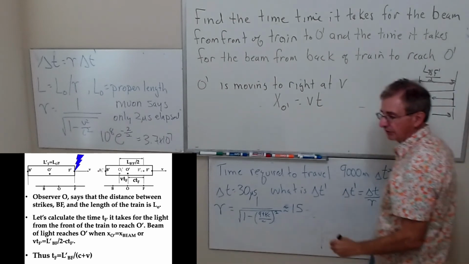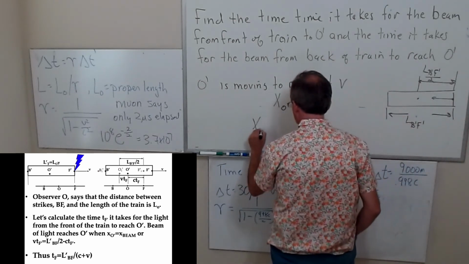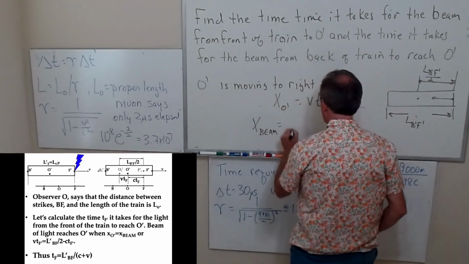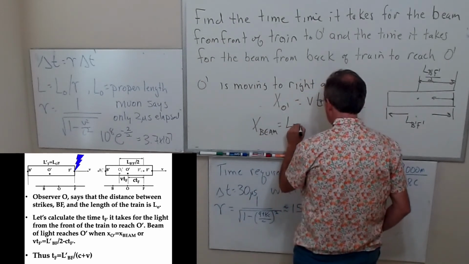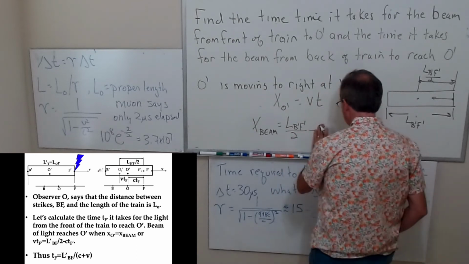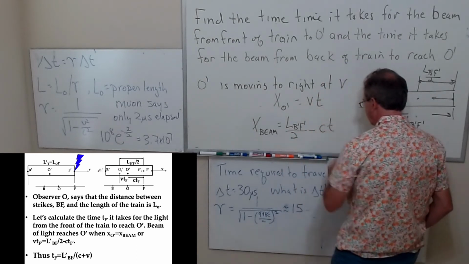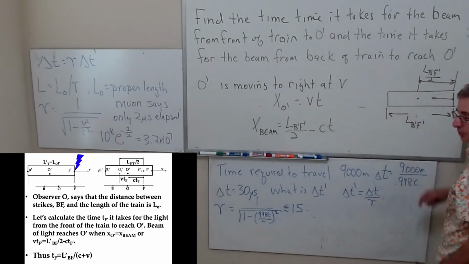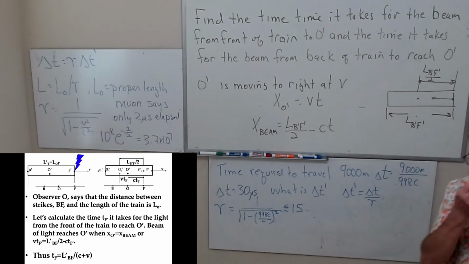So the position of the light is going to be L, B prime, F prime over 2 minus the speed of light times T, because if this is the origin, this beam is going towards the origin. So we set them equal to each other.